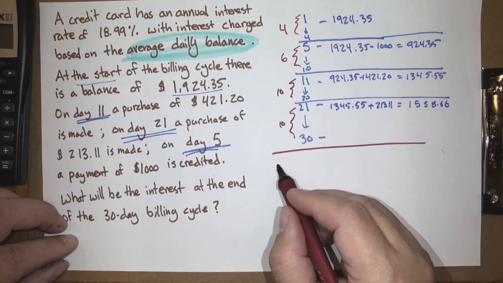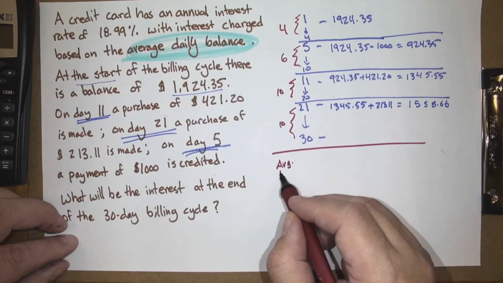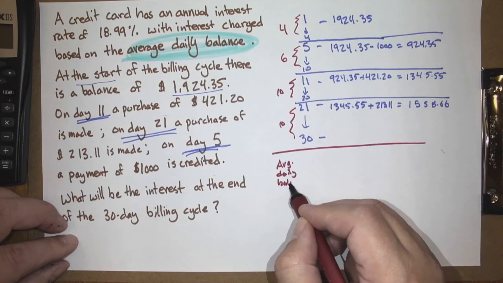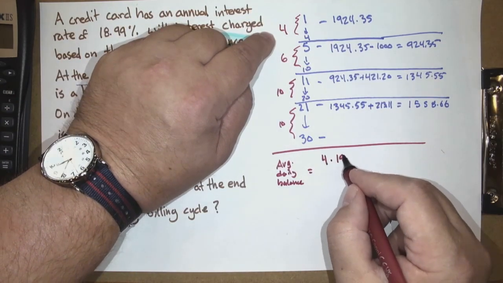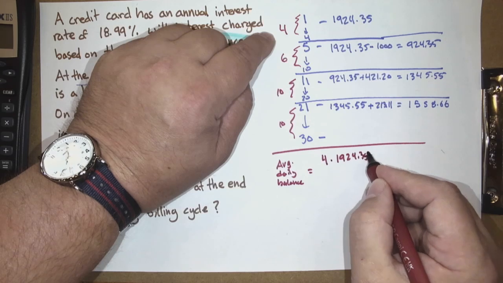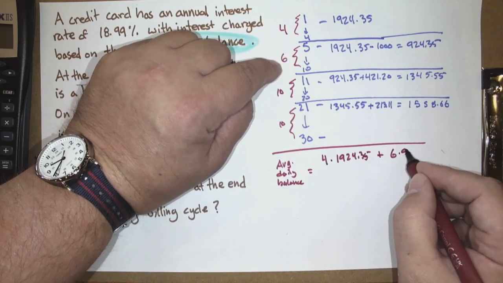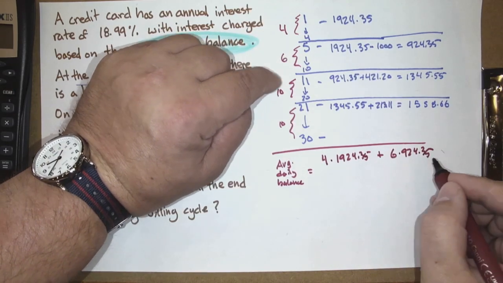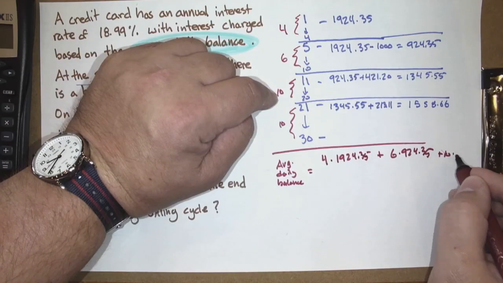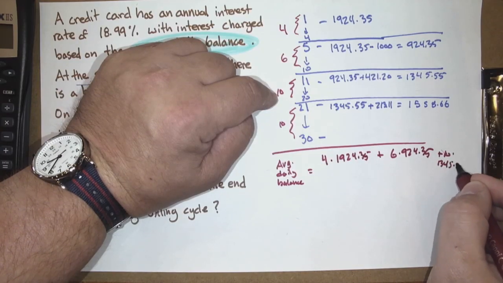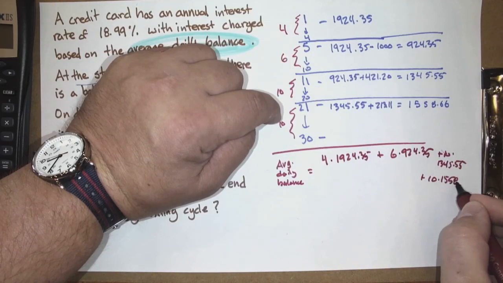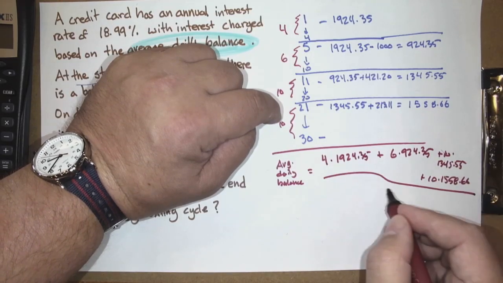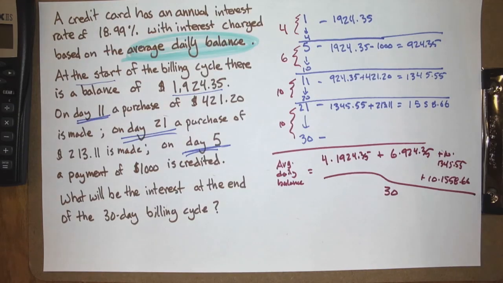Now, what's your average balance? You're going to take 4 times 1924.35, plus 6 times 924.35, plus 10 times 1345.55, plus 10 times 1558.66, all of that divided by 30. That's how you do your average.